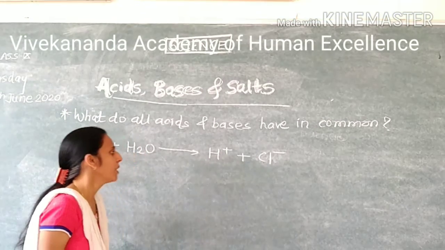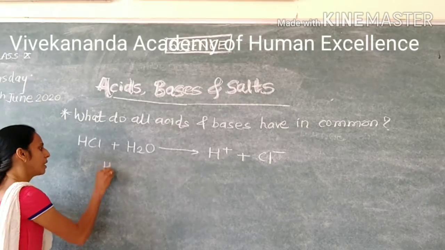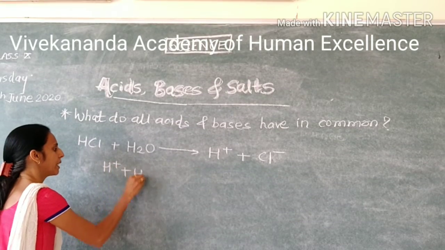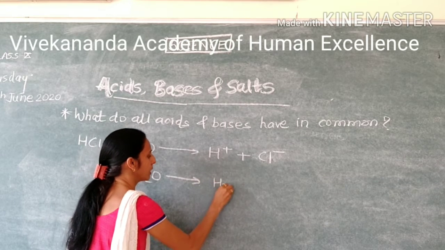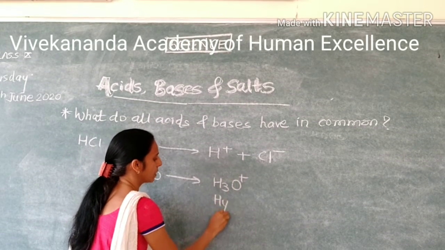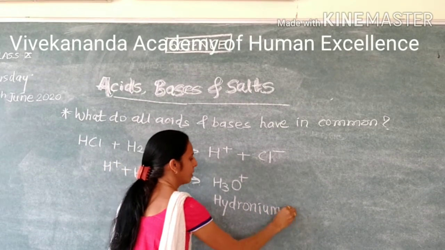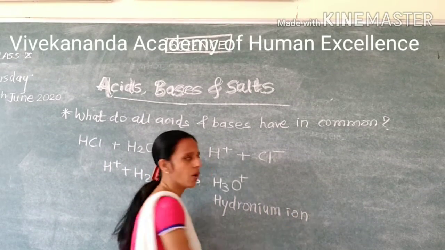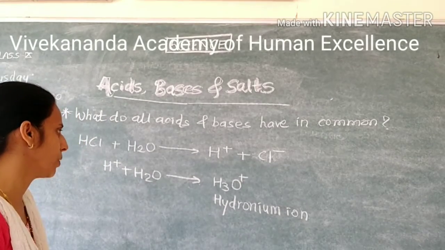But generally when acids are added into the water, these H plus ions have a tendency to get added into the water, and this ion is converted into H3O plus, and the name of this ion is hydronium ion. It is the hydrated form of H plus ion, so it is called hydronium ion.